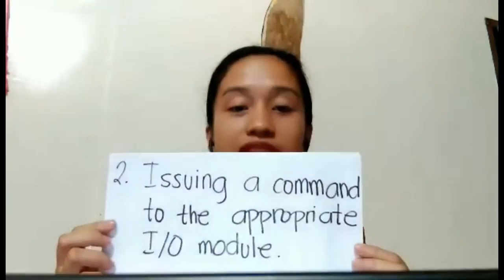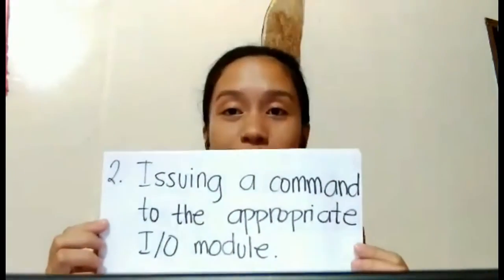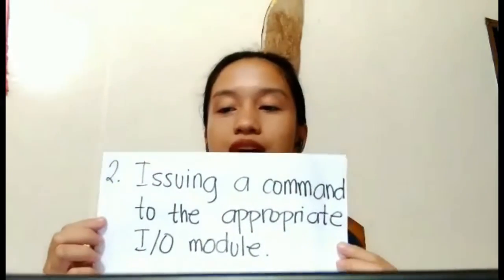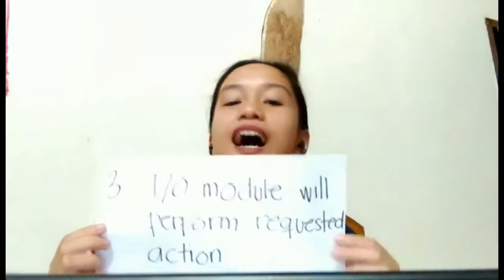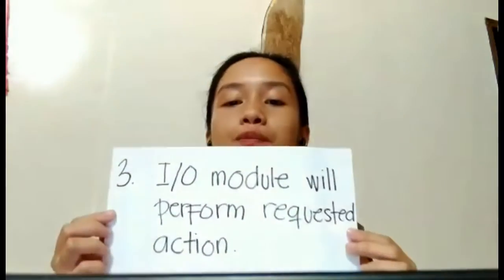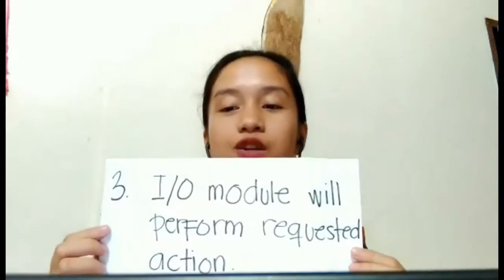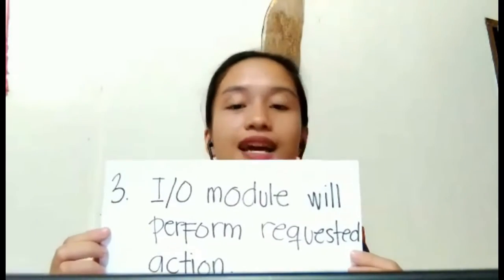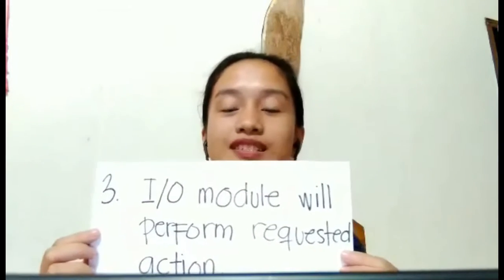Second, the processor then executes that instruction by issuing a command to the appropriate I/O module. Third, the I/O module will perform the requested action based on the I/O command issued by the processor, the read or write, and set the appropriate bits in the I/O status register.